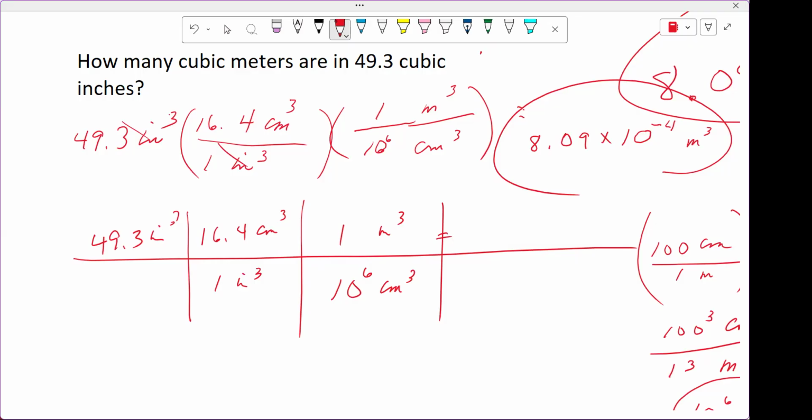Okay, so we're gonna multiply the top. That's 49 times 16. Divide by everything in the bottom, divided by 10 to the 6. Now, the answer I got, without doing any calculation, should be a really small number, because we're going from centimeters to meters, so there's not gonna be very many big meters in that centimeter.